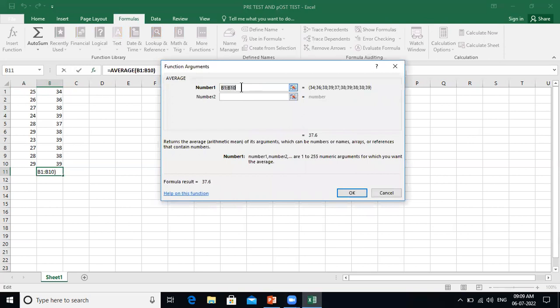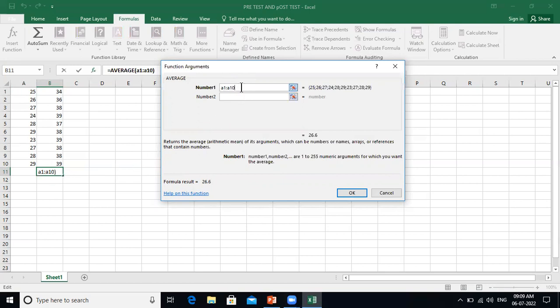Now, I would like to clear it and insert A1 to A10. And now I am getting the mean regarding the pre-test, that is 26.6. This is the mean, 26.6. This answer is here also in this cell.